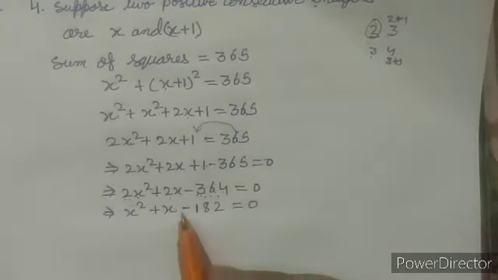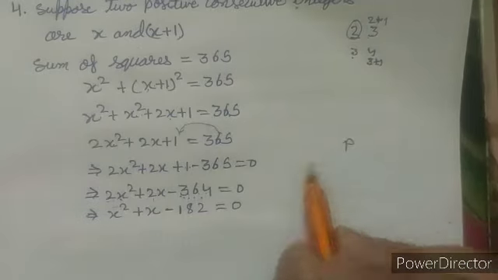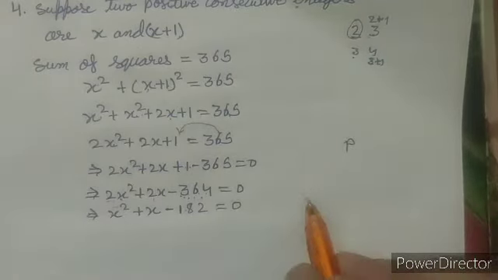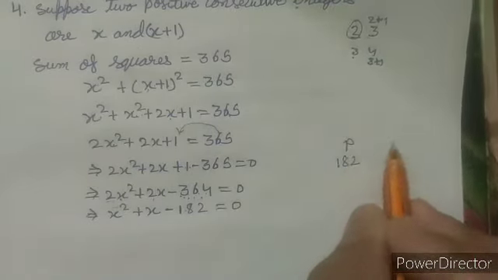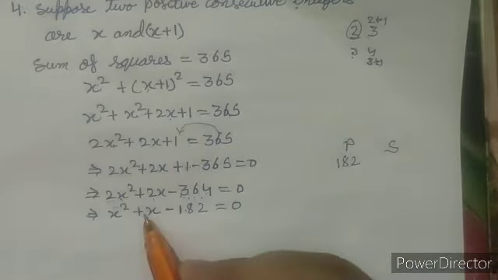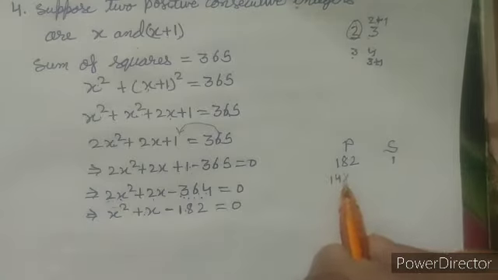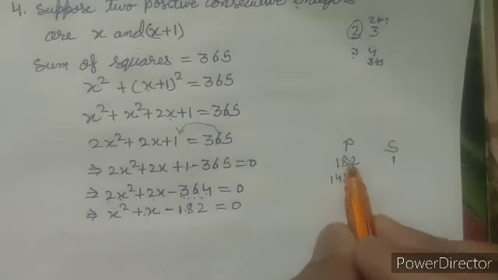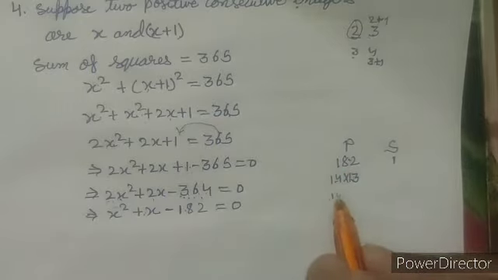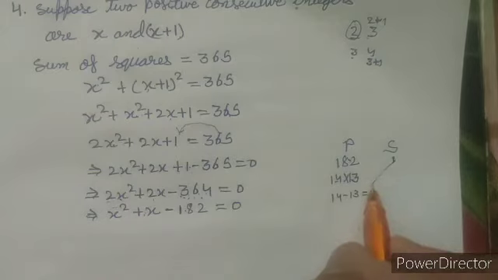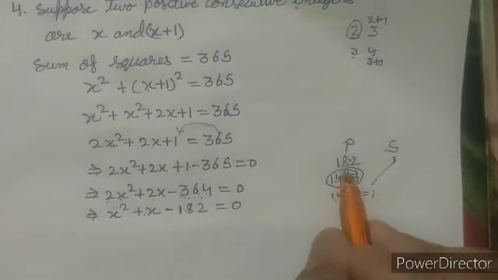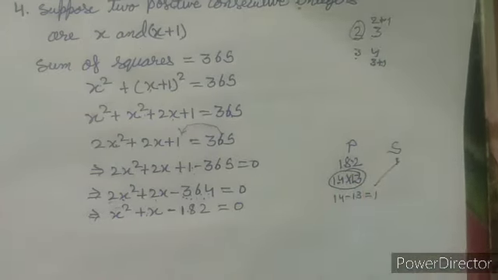Now here the product is 182 into 1, that is 182, and the sum is the coefficient of x, that is 1. As we know, 14 into 13 is equal to 182, and 14 minus 13 is equal to 1, that is equal to this sum. So we will take the factors of 182 as 14 and 13.